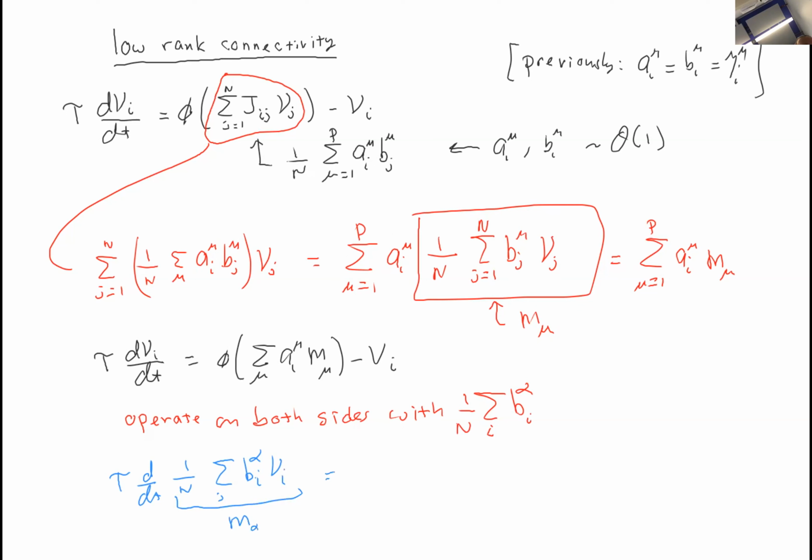Equals phi of the sum on mu, equals 1 over N, sum on i, B_i^alpha phi of sum on mu of A_i^mu m_mu, minus 1 over N, sum on i of B_i^alpha nu_i.